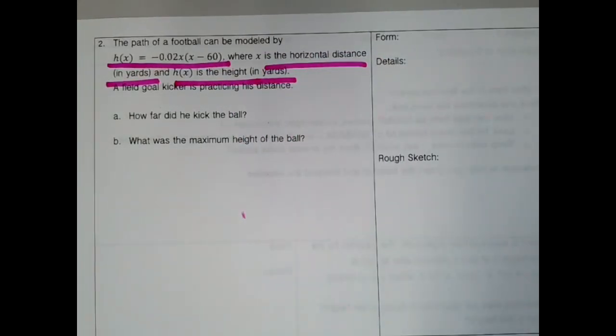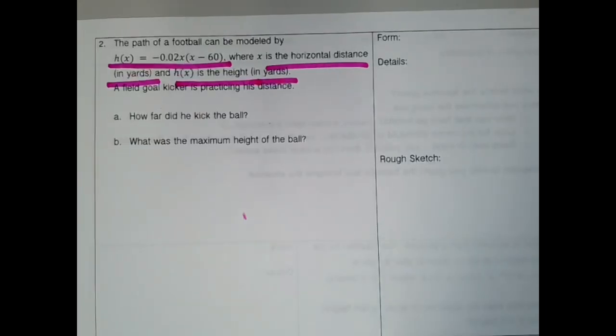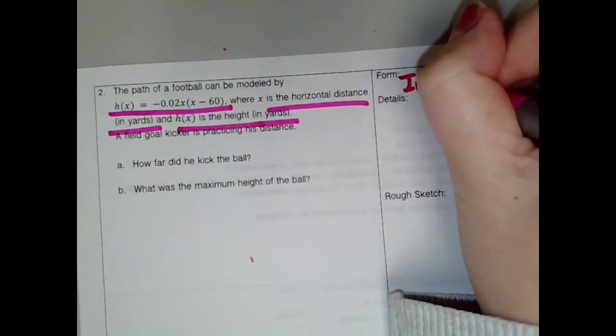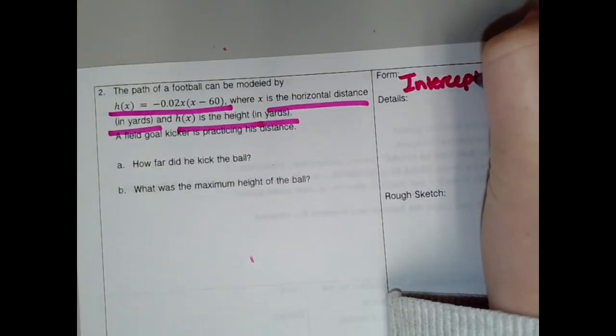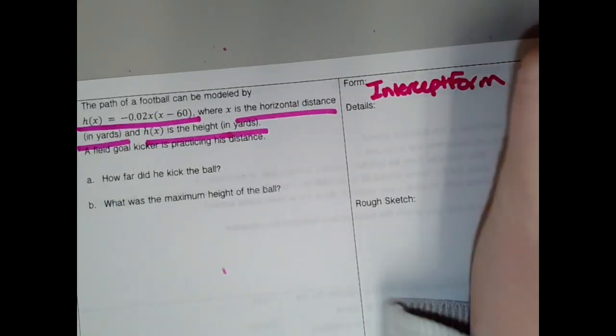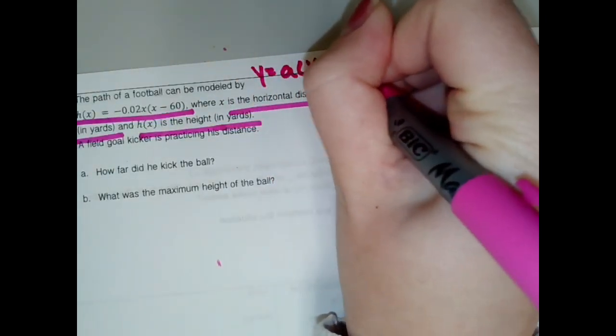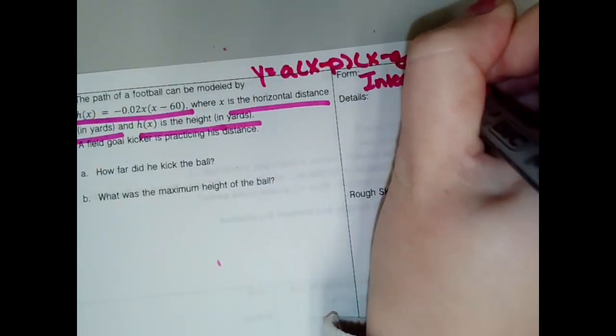At first, some people might think it looks like vertex form because they only see one parentheses, but that parentheses is not being squared. It actually would be intercept form, which looks like y equals a times x minus p times x minus q.